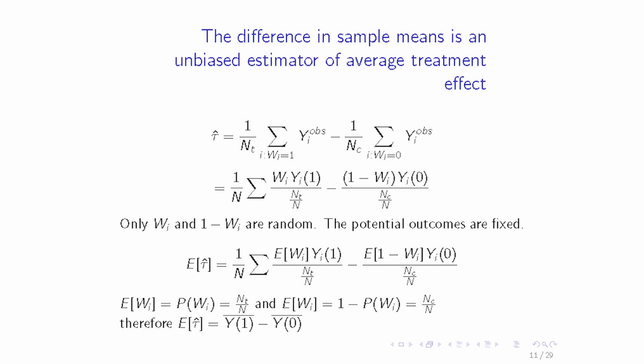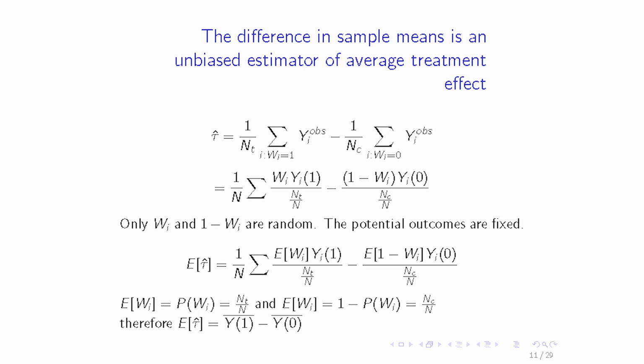Same thing for the second term: for the subsample of observations in the control group, it's the sum of (1 minus Wi) times Yi(0), over NC. And what I've done is that I've put NT over N here and NC over N here, and so I have an extra N here that I need to keep at the bottom.